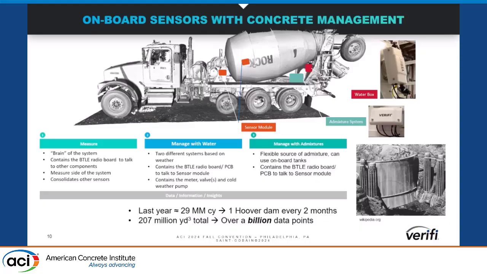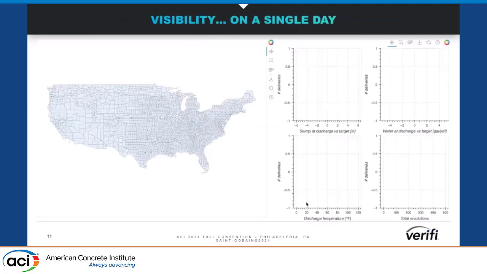This has been around for a while. Last year we did almost 30 million cubic yards. That's the Hoover Dam every 2 months. But for me, the exciting part is that we have over 200 million yards through the system, so we have a ton of data to look through. The interesting thing is that there's a lot of human behavior you see throughout this.